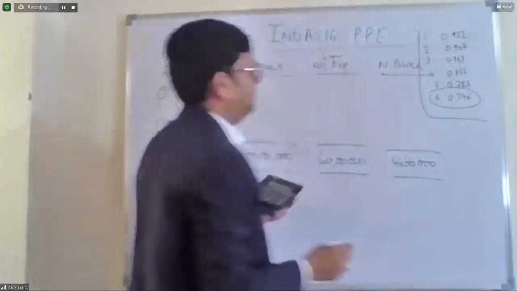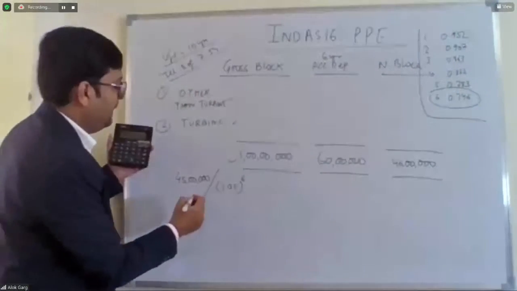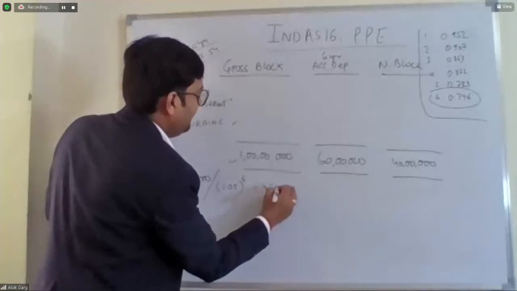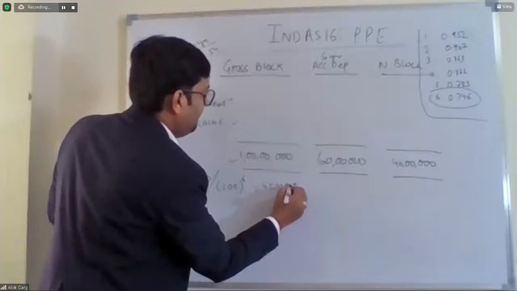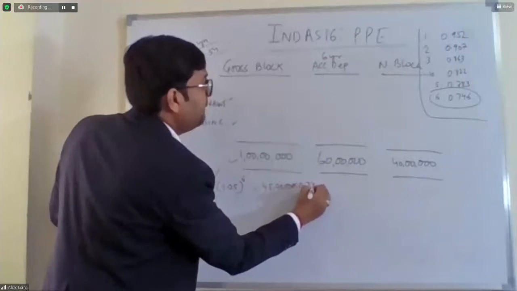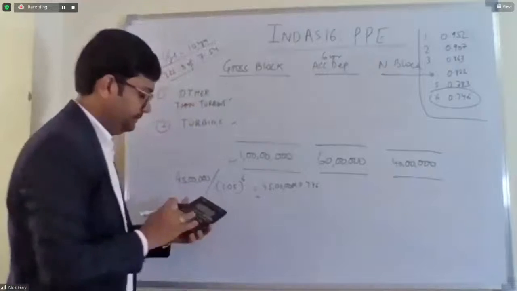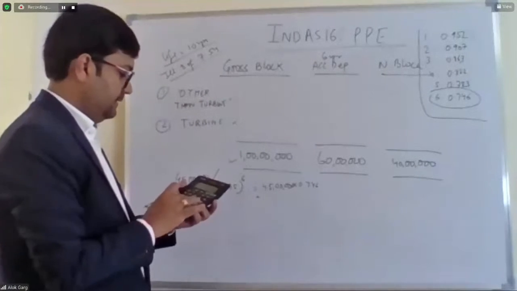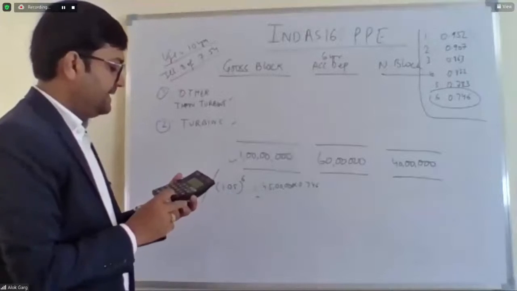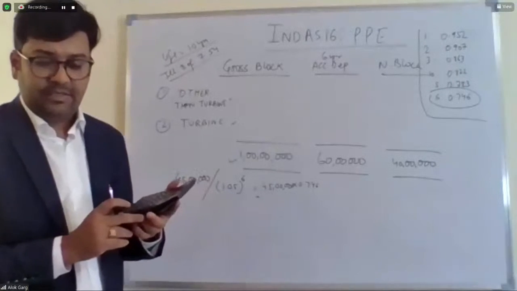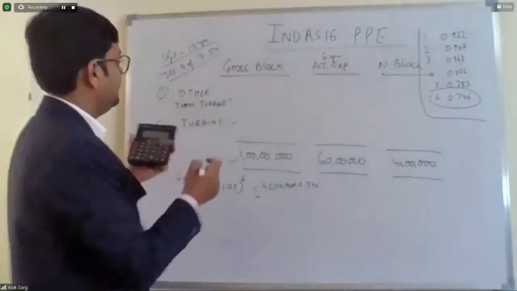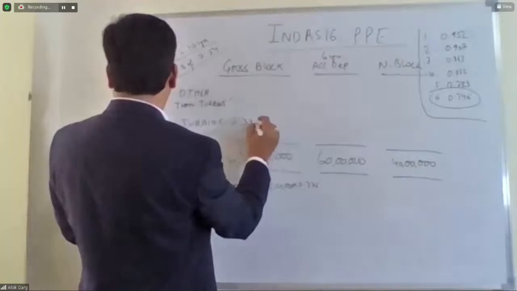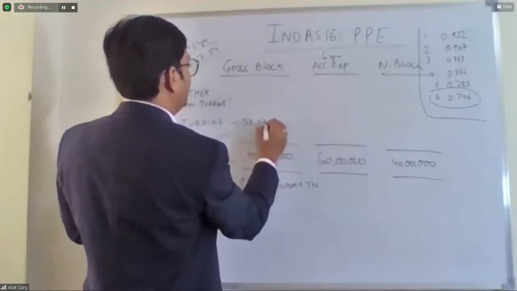So 45 lakh multiplied by 0.746 gives us 33,56,626. In round figures, I can say 33 lakh 57,000.